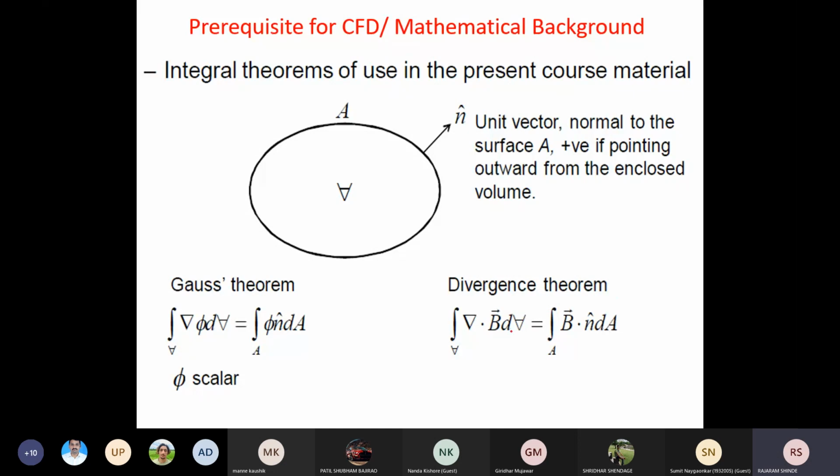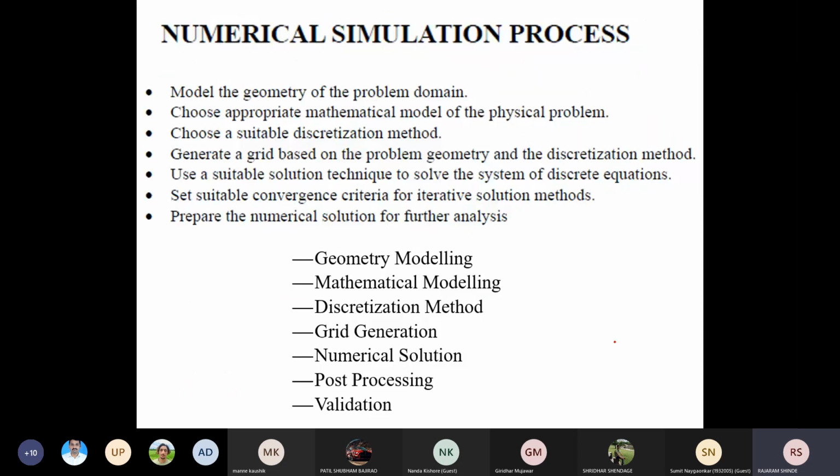Here, integration of del dot b, that is the divergence of b vector over the volume, is equal to b dot the unit vector n over dA. Okay. This is the divergence theorem required for converting volume integral to surface integral or surface integral to volume integral. Okay. Next one.